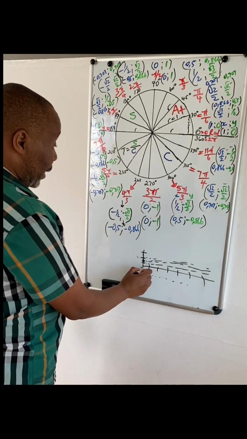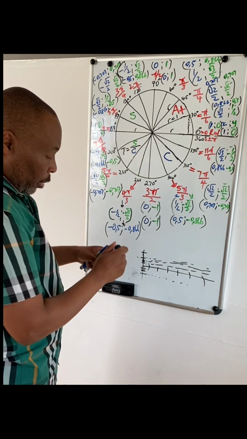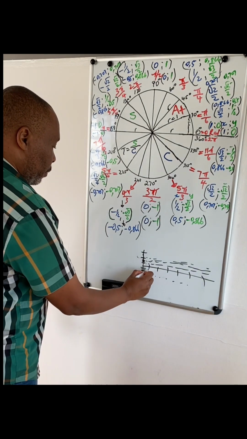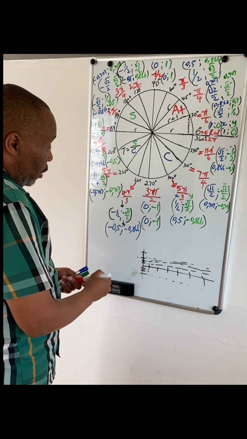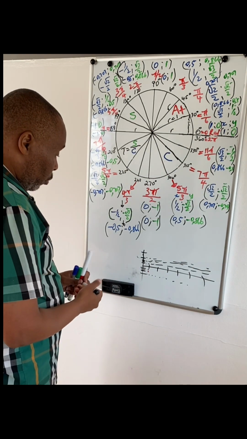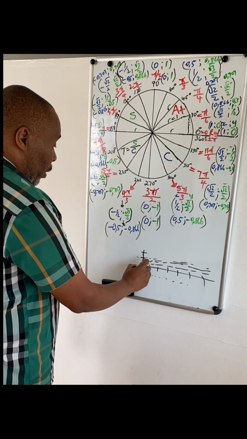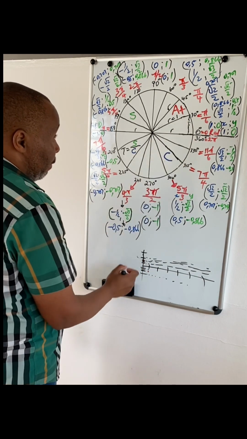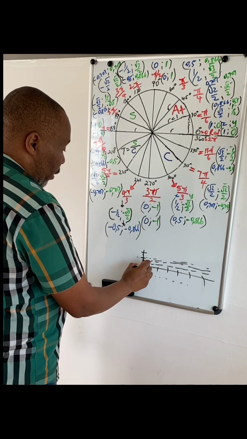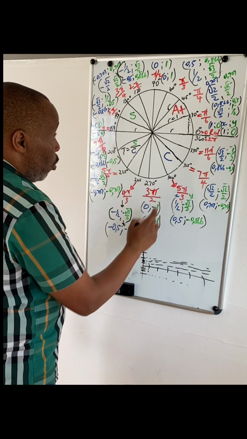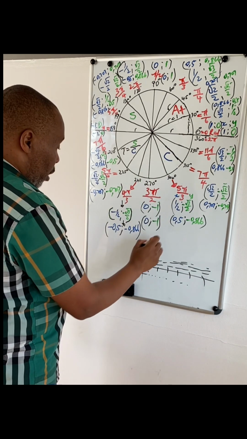Either we use degrees here, or we use radians here. Either or, and then we plot our graph from that, depending on what graph it is. At 30 degrees it would go to 0.866 and 0.5.